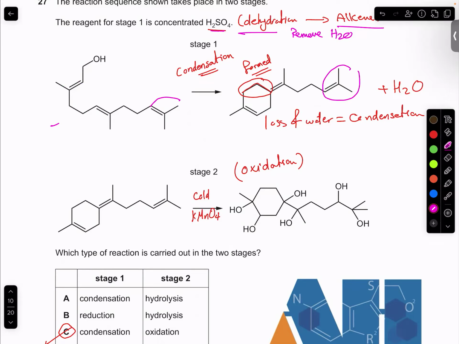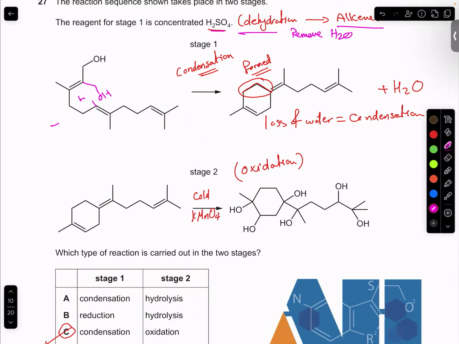This part is the same as this part, and the rest, which is this part, is the same as this part. So the only change is here. To make this change, it's better to make this group trans instead of cis, like this, OH here.